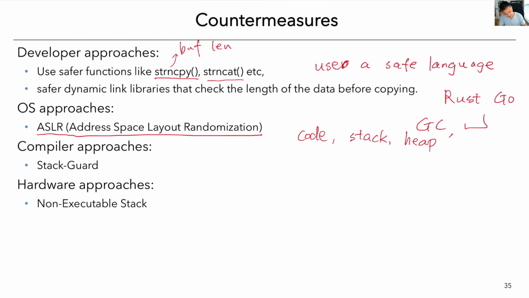As we have mentioned, to exploit buffer overflows, you often need to know the offset of the return address, and also the runtime address of your shellcode. By randomizing the layout of the stack or heap, it will make it very hard for the attacker to know the runtime address of those components.